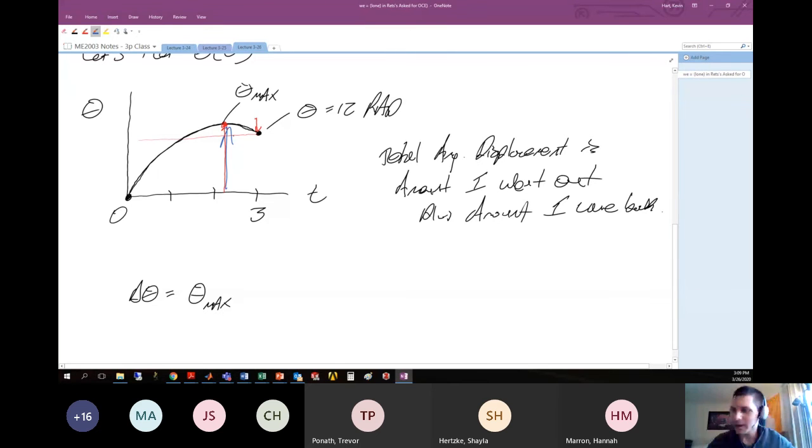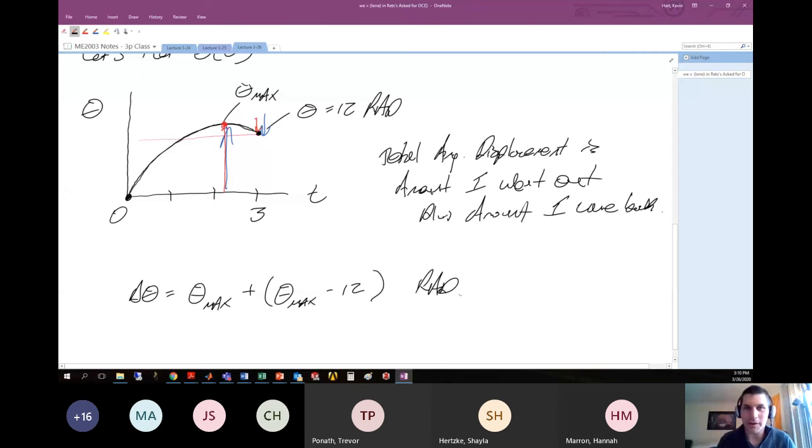I went out to theta max, and then I came back to 12. So the total angular displacement is going out to theta max plus the difference between theta max and 12, so theta max minus 12. This will be in radians. That's the general strategy for how to solve that problem.